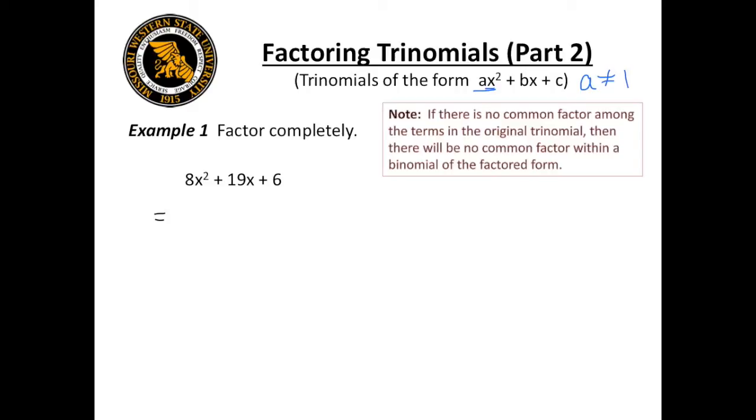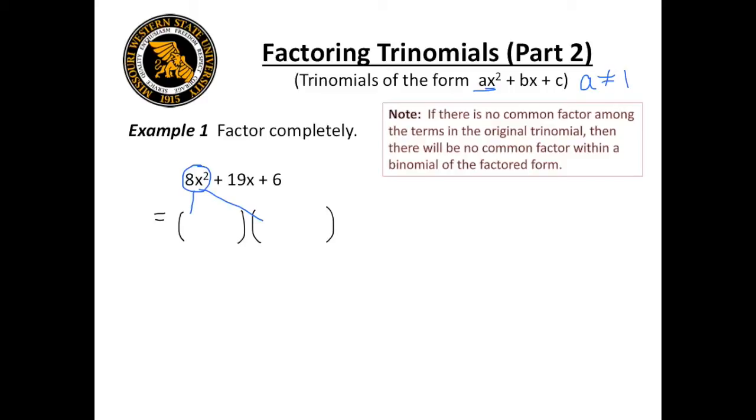So if this trinomial factors, we will still get the product of two binomials. And the factors of the first term will still go in the front. However, we have more options than we had when the x squared term had a 1 in front of it.